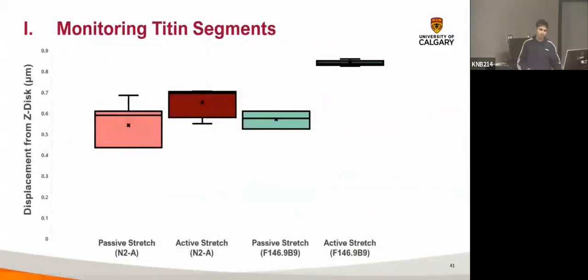Although it is a small data set, we see that in our active stretch condition, so in the residual force enhancement stretch condition, where we propose we might have a binding site, we get a bigger force, we get a bigger displacement from the Z disc, so it's moving a lot more. To measure PEVK length in this instance, you would subtract the green versus the first red, and then this one versus the other one. And what you're going to get is a bigger length in your active condition than in your passive condition.